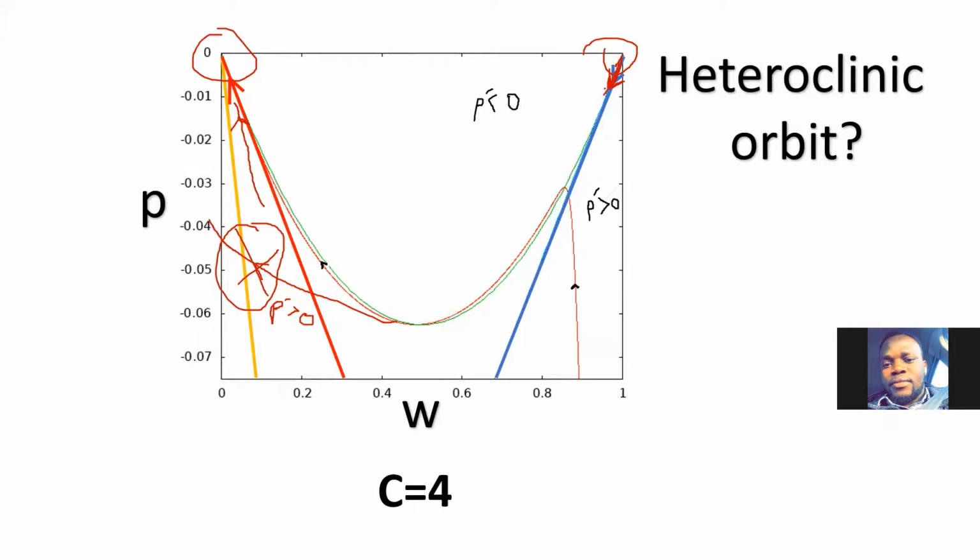We computed, for example, for c equals 4, the eigenvectors associated with the stationary point, and I know that there is some trajectory which is tangent to the repulsive eigenspace associated with the eigenvector of the positive eigenvalue.